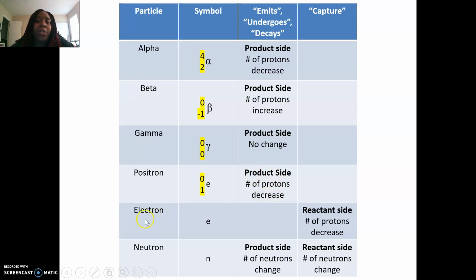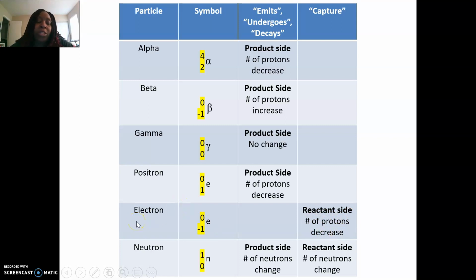And then if we talk about the electrons here, the notation is quite similar. We have the superscript, which is a 0. Then we have the subscript, which is a -1. We're going to represent it with a lowercase e. And if it is on the reactant side, you're going to see a word like capture. That will let you know that it belongs on the reactant side. So if it's on the reactant side, that means the number of protons is going to decrease.